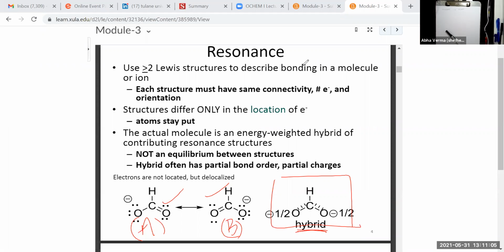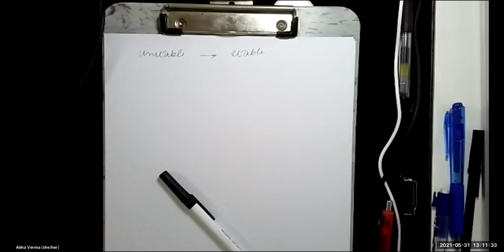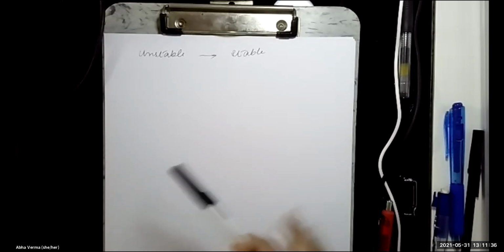Some of the cars that we drive are hybrid. You take good qualities from other species and mix them together to create a better species. But the thing you have to remember about resonance is that the atoms will stay put. Any questions so far? What is the difference between a resonance and a reaction? All of you must understand this part.